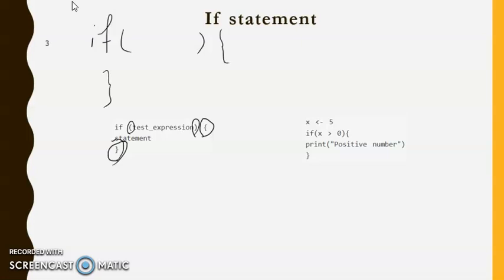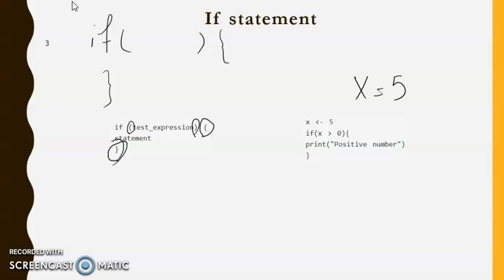For all of them we are going to do some examples together, and as I have always told you, when it is the time for practice, please stop the video and do it yourself before you check the answer with the video. Here we have an example of an if statement in R. It says that x equals 5, which is the other way that we can write it.